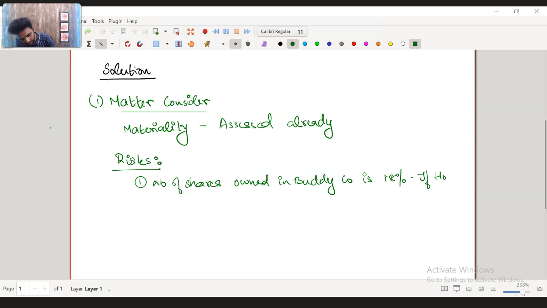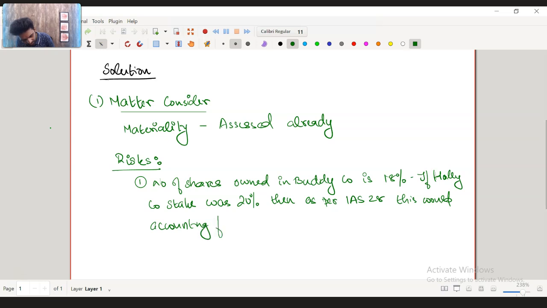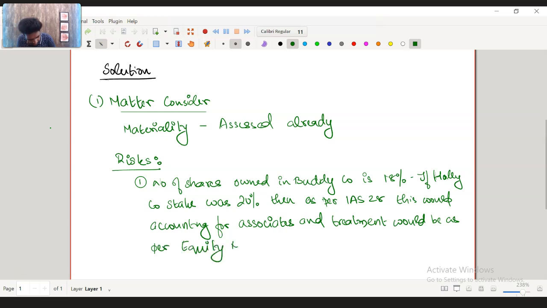If Wholly Company's stake was 20%, then as per IAS 28, this would be accounting for associates, and treatment would be as per equity method of accounting.